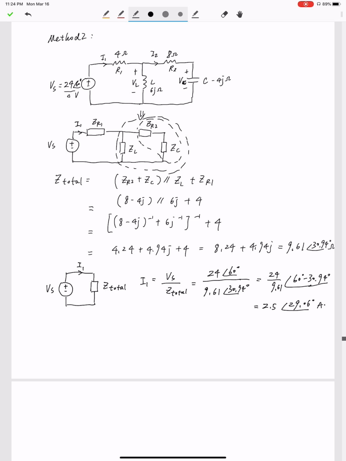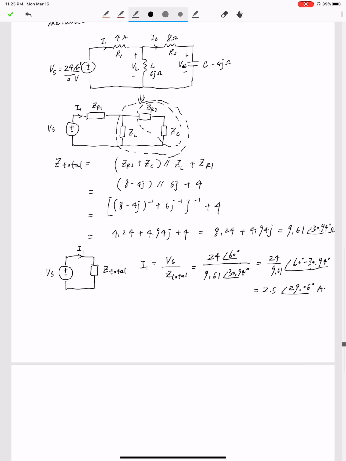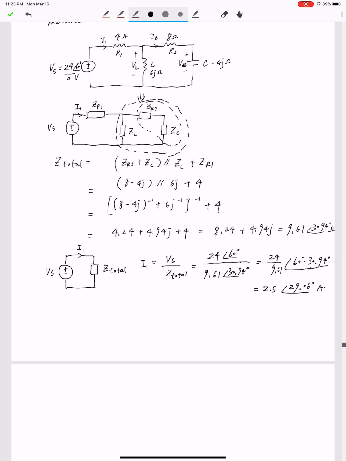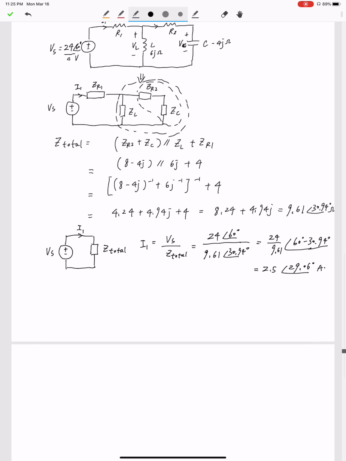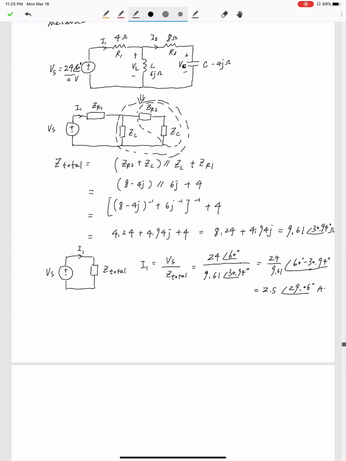And after we have I1, we can find the voltage across this component. So let's do one step back. After we find I1, let's combine ZR1 and this component.